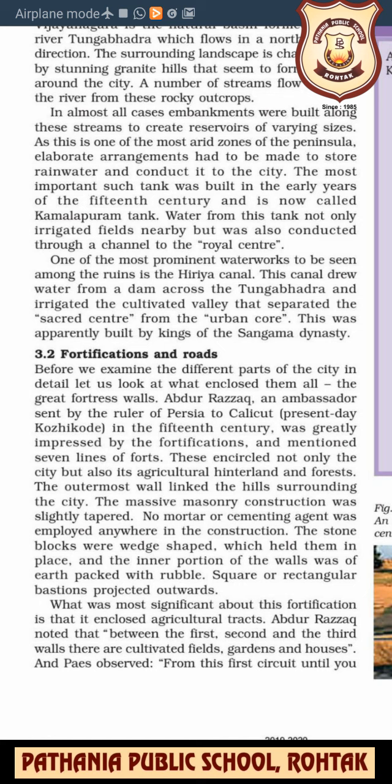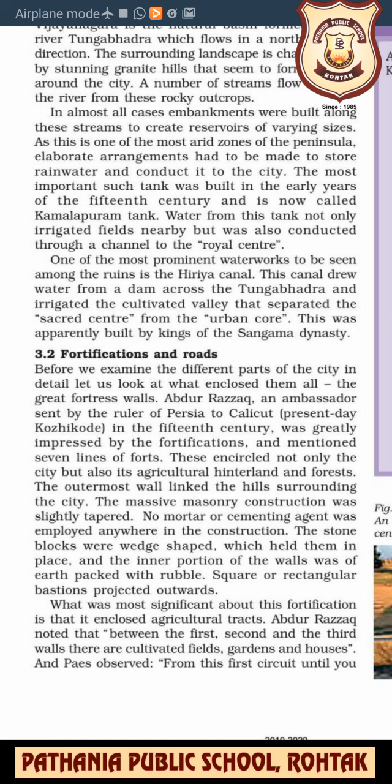The outermost wall linked the hills surrounding the city. Like we read in the previous topic, the Vijayanagara Empire area was surrounded by granite hills, so the farthermost boundary was just near those hills.